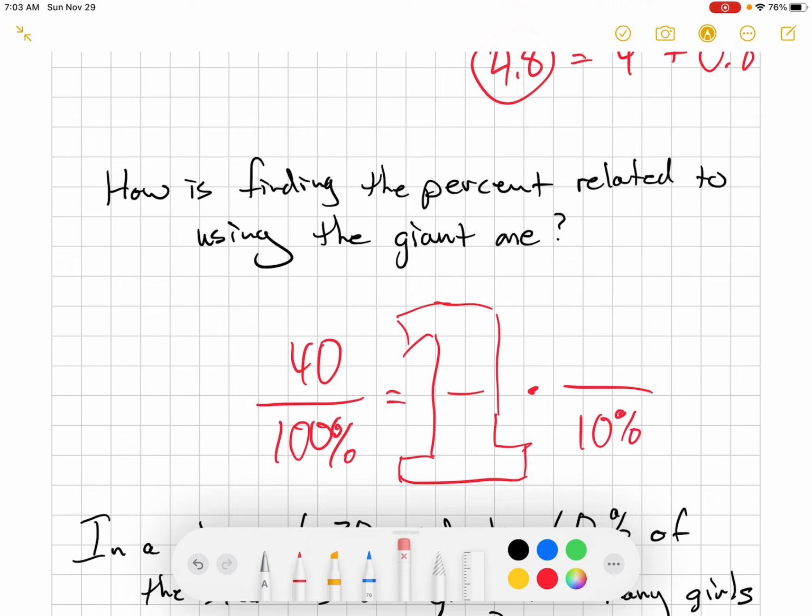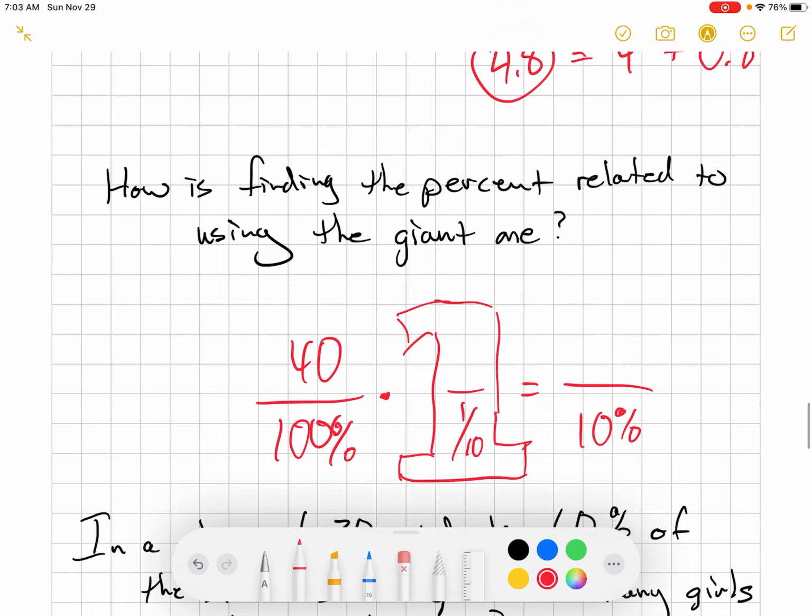Whoops, I wrote that incorrectly, didn't I? Sorry about that. I should have those switched. All right, and we could say, how did we get to that 10%? We multiplied by 1/10, didn't we? Multiplied by 1/10. Right, so what's 40 times 1/10? That was the 4. That's all that work we found out before. So finding the percent related to using the giant 1, we did that. You just didn't actually show the giant 1.